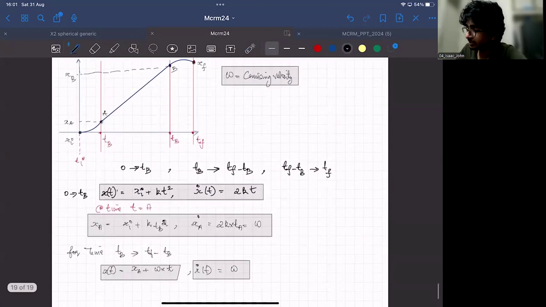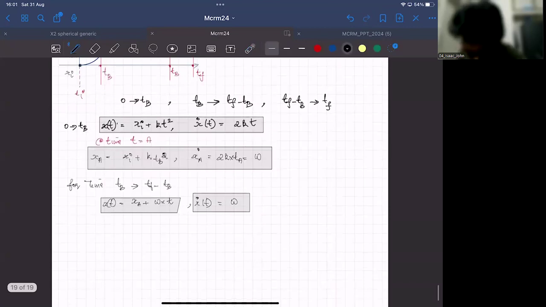So if that is the case, then what will be xb? xb would be x of t. If you substitute the corresponding time into this equation, you will get x of a plus omega multiplied by change of time.